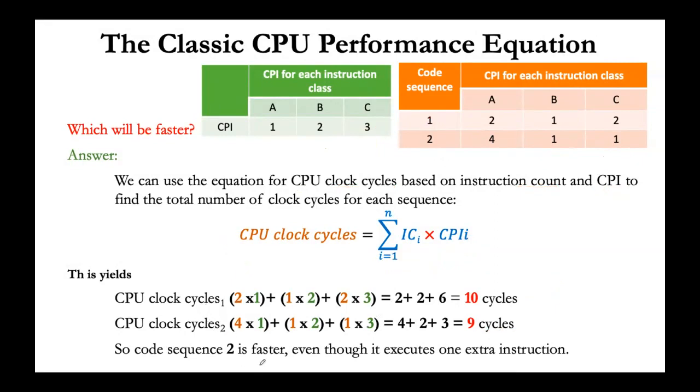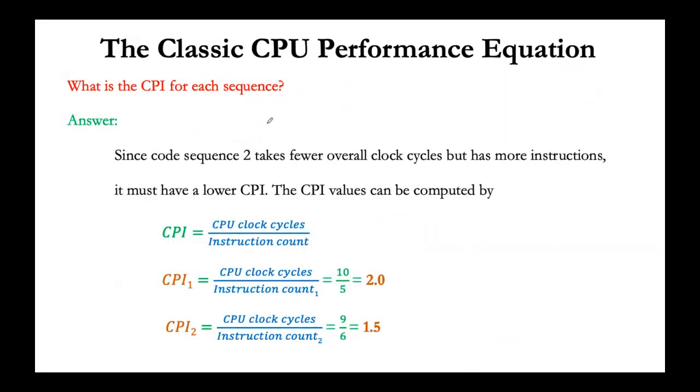So code sequence 2 is faster even though it executes 1 extra instruction, because it takes fewer cycles. Sequence 2 has more instructions but takes fewer cycles, whereas sequence 1 has fewer instructions but takes more cycles.